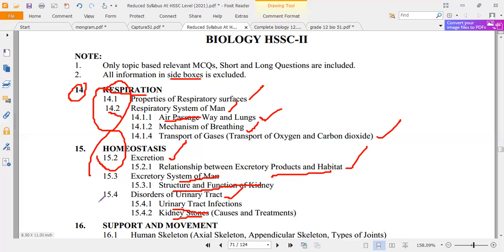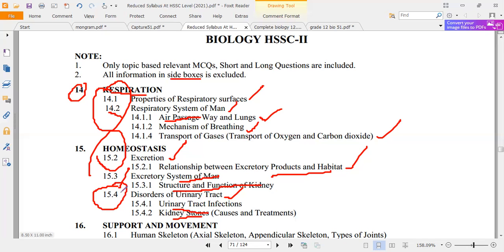Here, just focus on one thing. For example, this is the main topic 15.4, and if only 15.4 is written, it means all the subtopics of that, like 15.4.1, 15.4.2, 15.4.3, will be mentioned automatically.